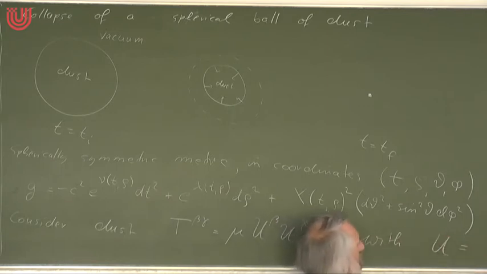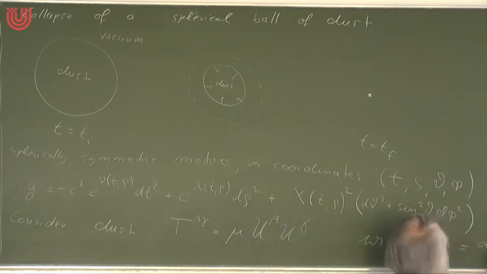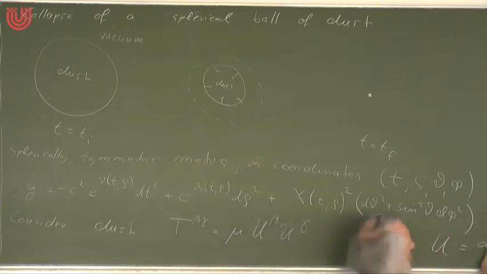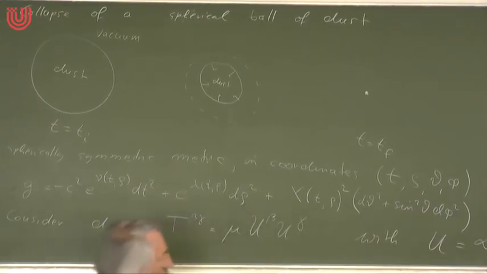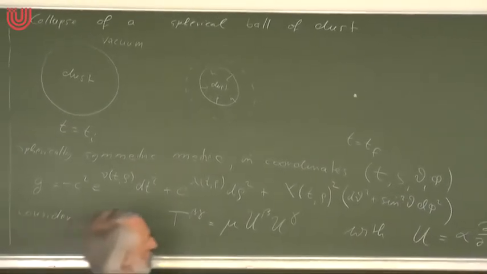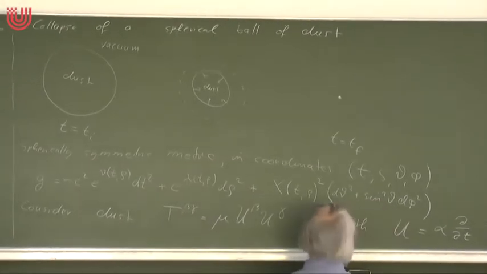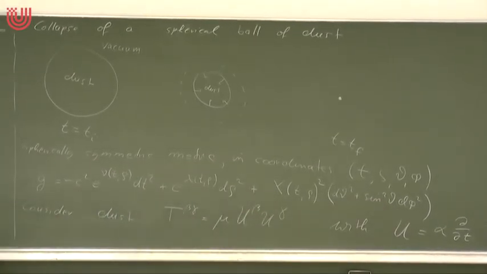So u is supposed to be a factor, which we have to determine, times d by dt. So we have written u is alpha d by dt.